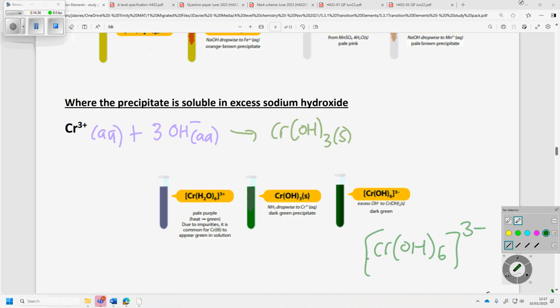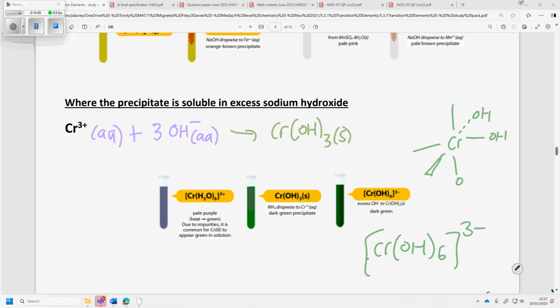It is a transition metal ion complex. The chromium is surrounded by 6 hydroxide ions. In square brackets, the chromium has a 3+ charge in the middle, each hydroxide is a 1 minus, so overall we end up with the 3 minus ion.